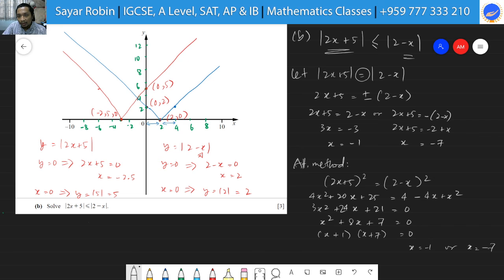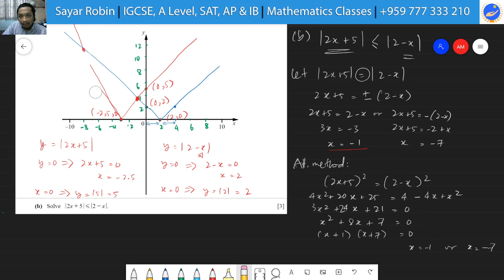Here we go. X is equal to minus 1. This is a point of intersection. And the next one is x equal to negative 7. Negative 7 is going to be here, right? If we draw it to scale, it's going to be probably like this, right?